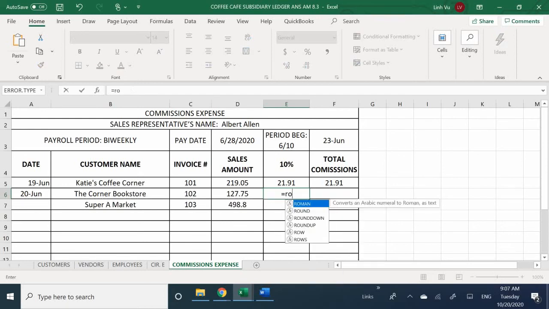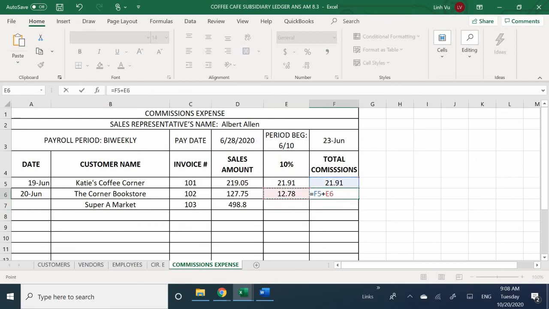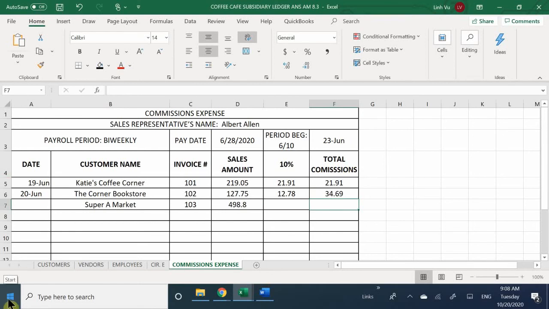Let me do that again. So equal round, this times 0.010, comma, 2. Yeah, there you go, 1278. All right. So how much commissions will Albert be receiving? 34.69. Good.